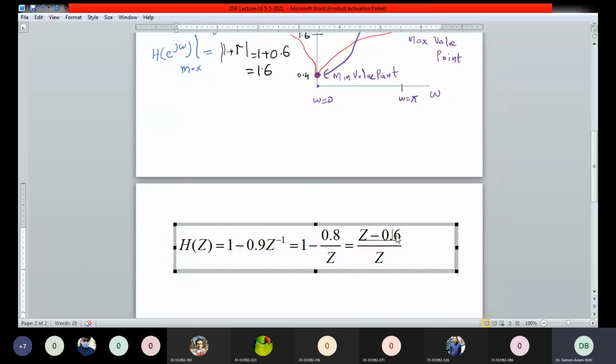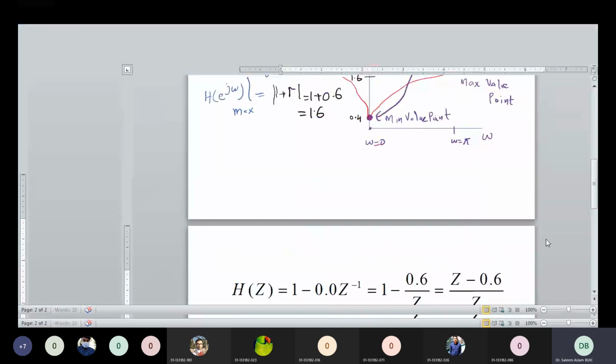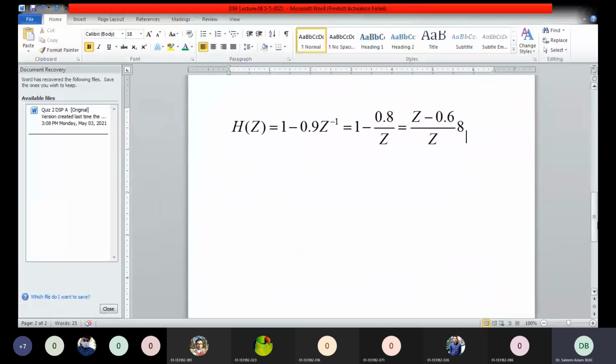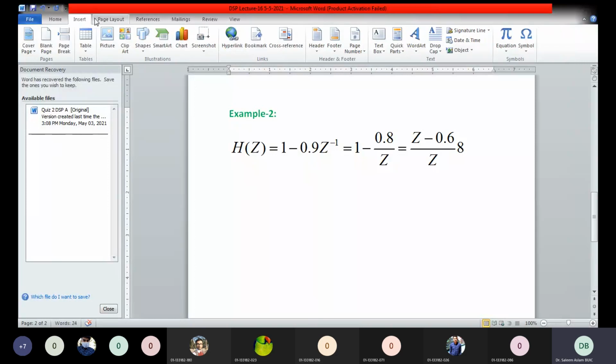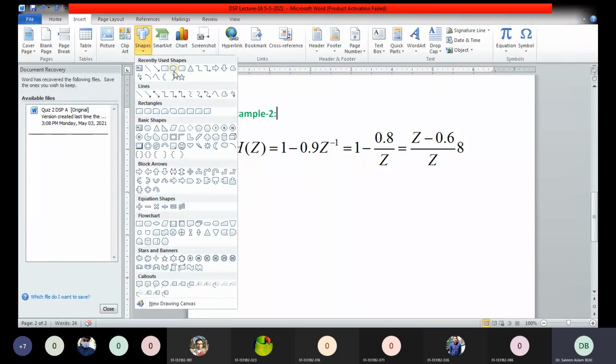It will become z minus 0.8 over z, right? So now what about the pole zero plot of this example? Let's write it example number 2. Now if I draw its pole zero plot, it will look like this.